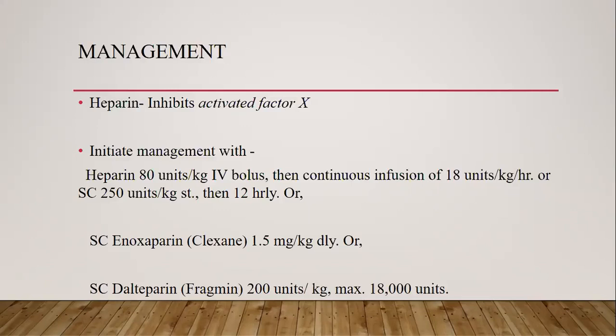Okay. Know that with these medications, there are two different dosing forms. We have what we call the prophylactic dose, and then we have what we call the therapeutic dose. Usually, if we see that our patients have risk factors, what we give them is a prophylactic dose. But if the patient goes beyond a risk factor and has the condition, then you have to go ahead and do a therapeutic dose for your patient. Okay, so sometimes if you take Clexane, for instance, you can see that you're giving the patient 40 milligrams daily.